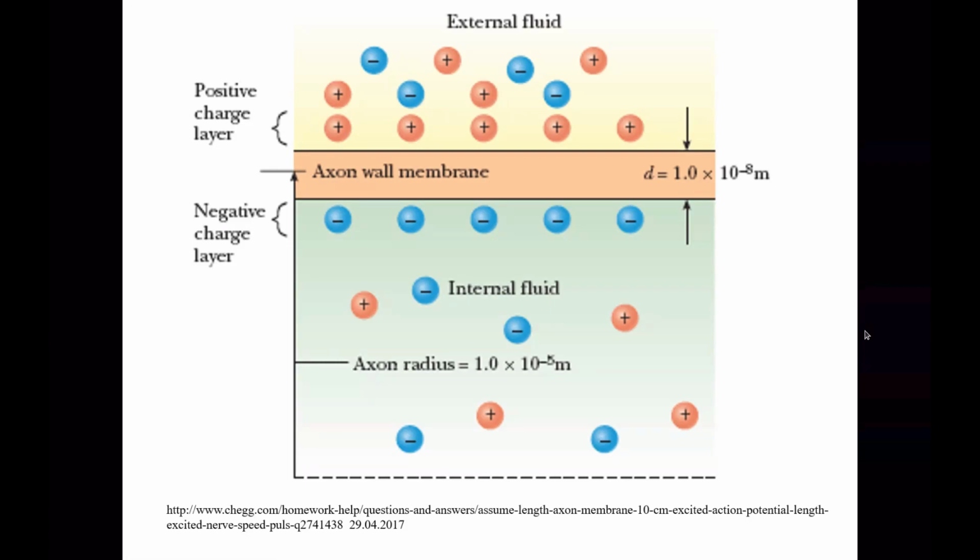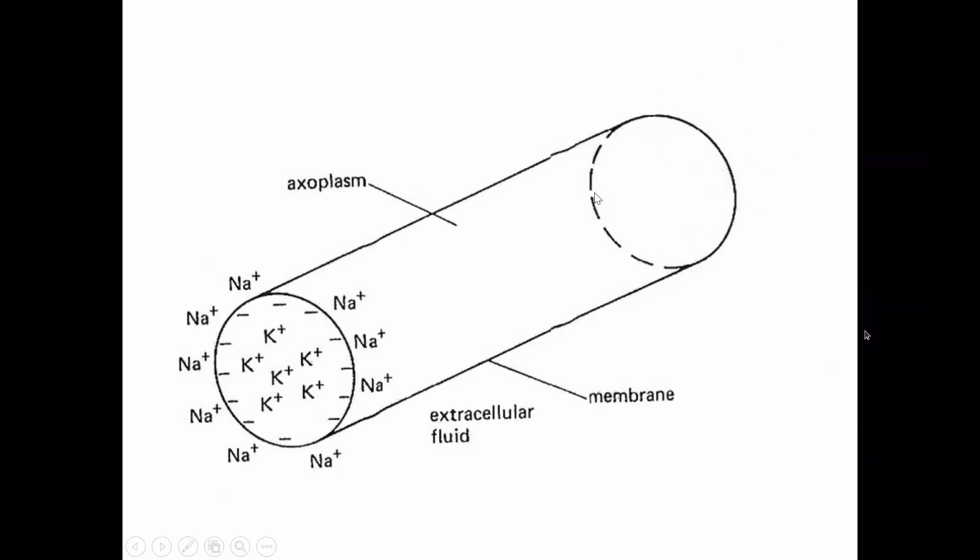Because of the electrical field that acts on the membrane, we have in reality such a distribution of the ions. The negative ions from the internal liquid are located here, and from the external, the positively charged ones are located here. As a result, we have an electrical potential difference on the membrane. So have a look: the natrium ions outside, the potassium ions inside, and the negatively charged particles, maybe ions or maybe electrons, are here.